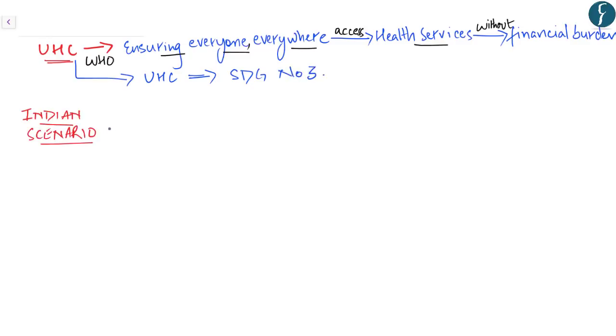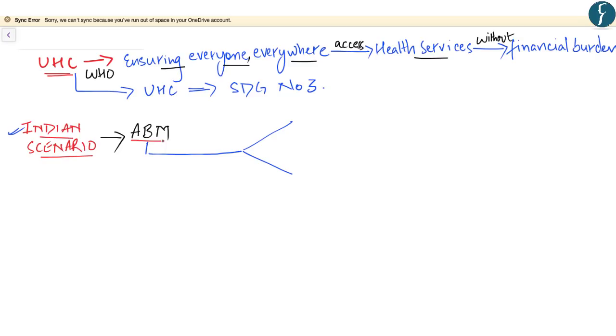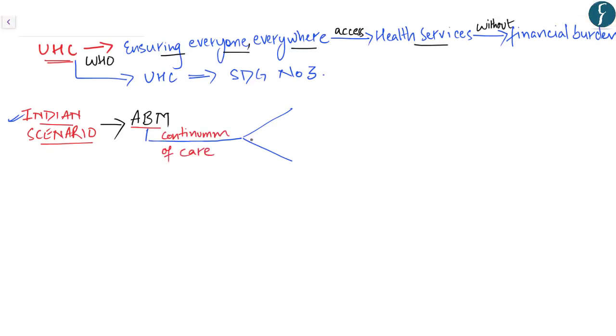Moving on, let us see what the author has said about universal health coverage under the Indian scenario. The Government of India has recently launched the Ayushman Bharat mission, which is considered as the first step in achieving universal health coverage. Now, the Ayushman Bharat scheme adopts a continuum of care approach. The first component pertains to creation of health and wellness centers to provide comprehensive primary health care.